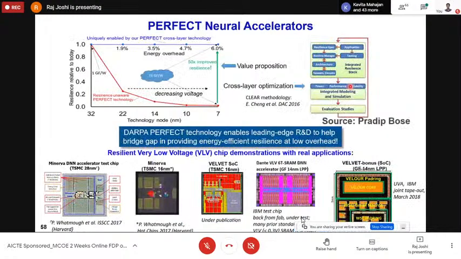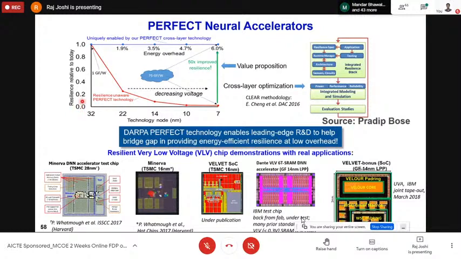Now, we were lucky to have a project called Perfect, where we developed a lot of these neural accelerators. We were given a target to reach 75 gigaflops per watt, and we were able to achieve this.